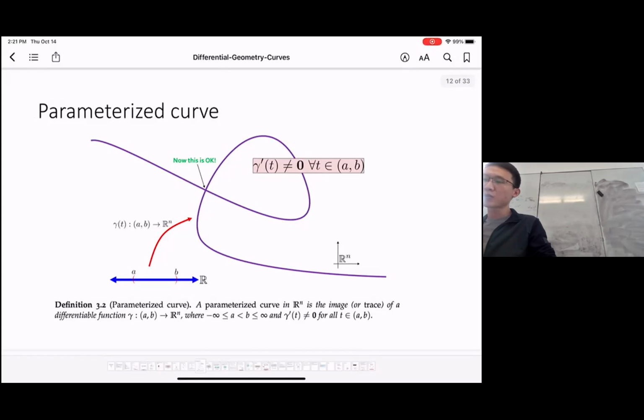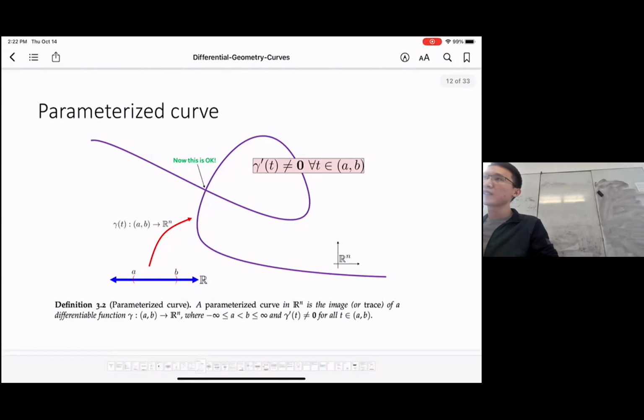It can be more general than R2. So the image of my function, I can take as my parameterized curve. But also notice we have this restriction that gamma prime of t cannot be 0, meaning we try to avoid the constant case. Other than that, we are good with this parameterized curve.